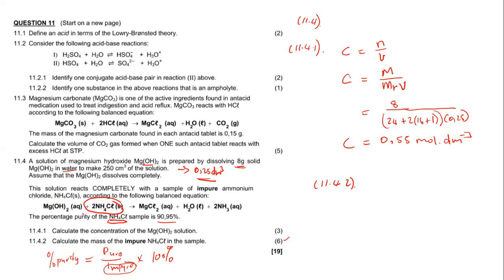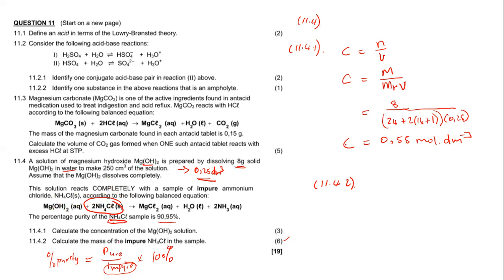So the mass that we're going to get here is a pure mass. How are you going to calculate that pure mass? We're going to use magnesium hydroxide.